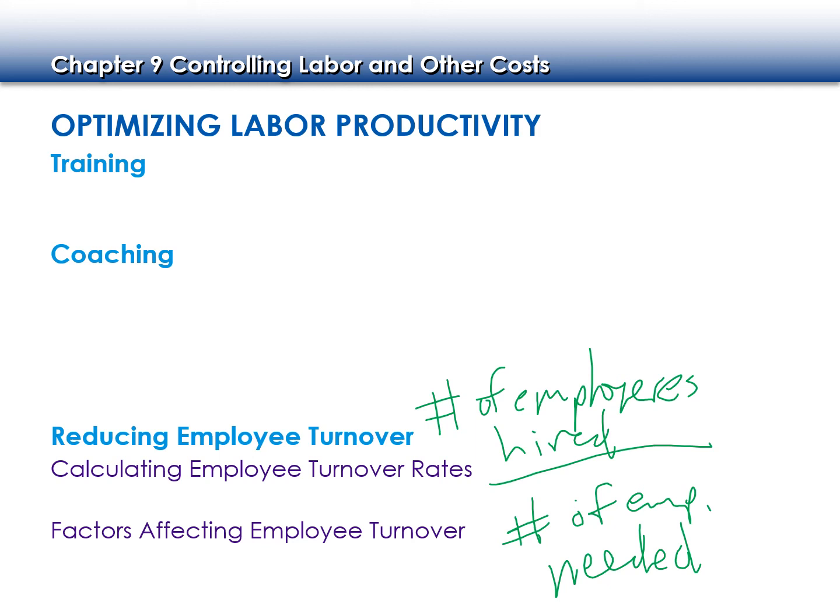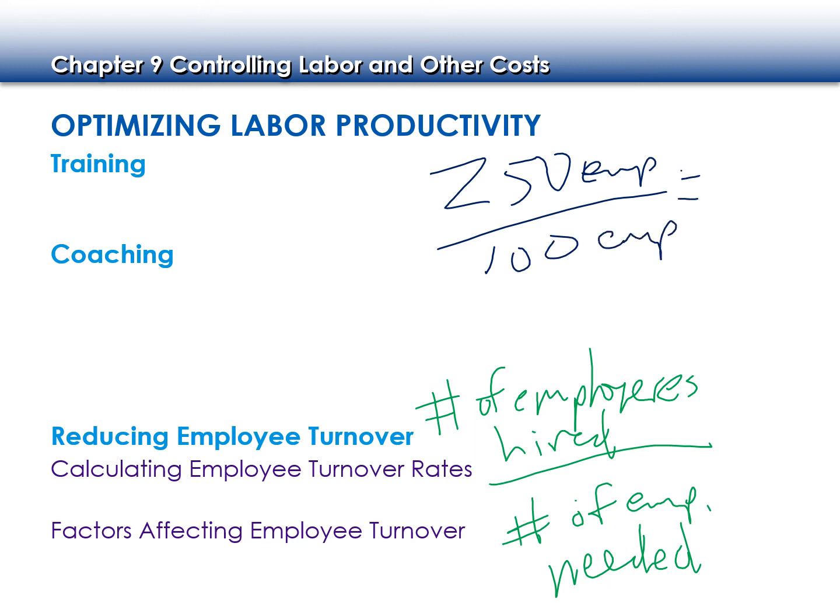Let's say in the year I hired 250 employees. And it requires about 100 employees for me to operate my restaurant appropriately, effectively.